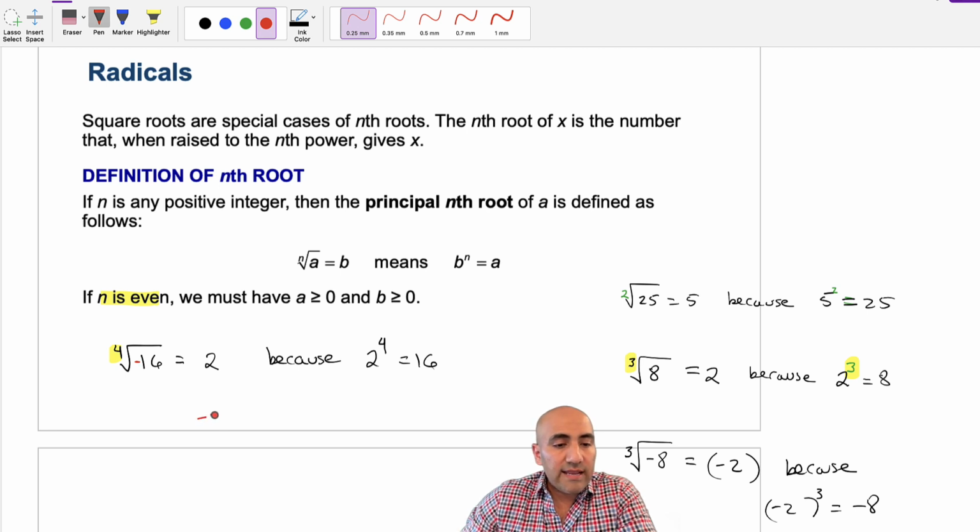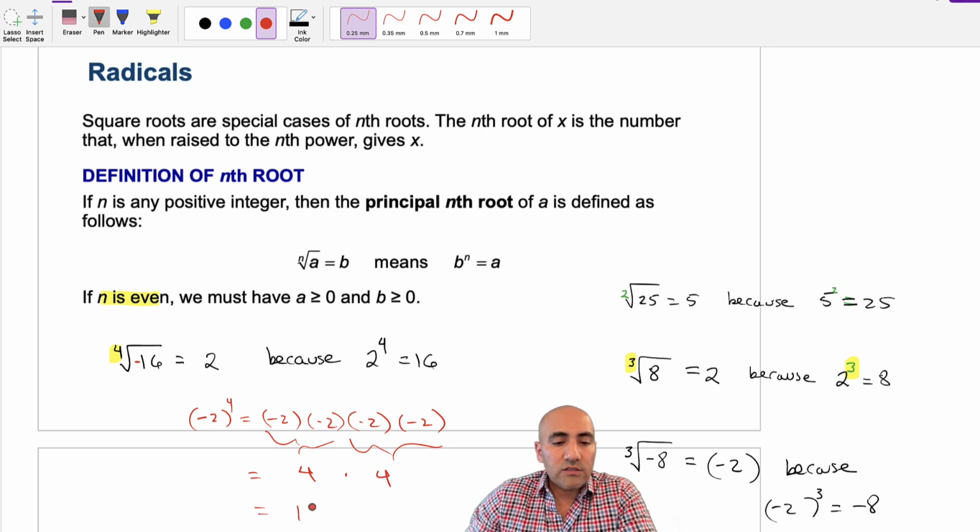Because notice that negative 2 raised to the power of 4 is negative 2 times negative 2 times negative 2 times negative 2. Well, a negative times a negative equals a positive. This is equal to positive 4, and this is equal to, again, positive 4. So the whole thing equals 16. That's not negative 16. So when we have an even index in the root, the value inside must be positive, and the answer must be positive.